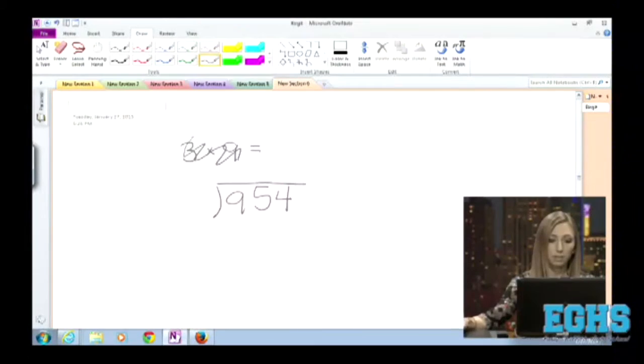I did 3 times 9, which is 3 divided into 954. I did how many times does 3 go into 9, which is 3. And I put 9 at the bottom and subtracted it, which equaled 0.